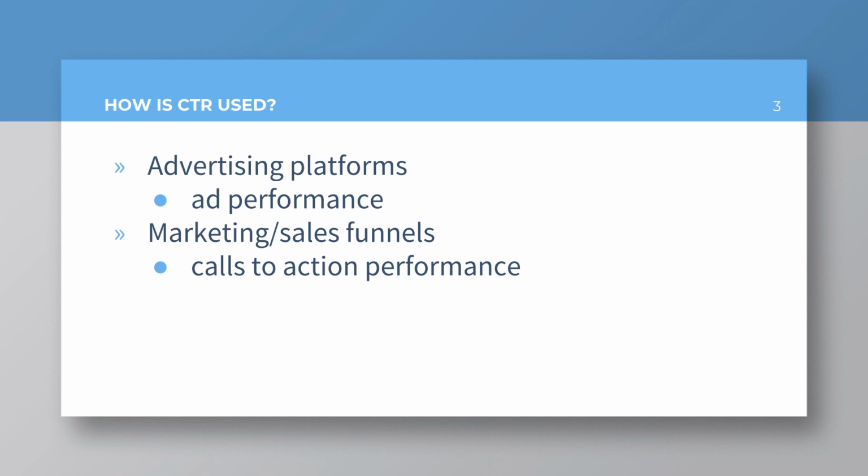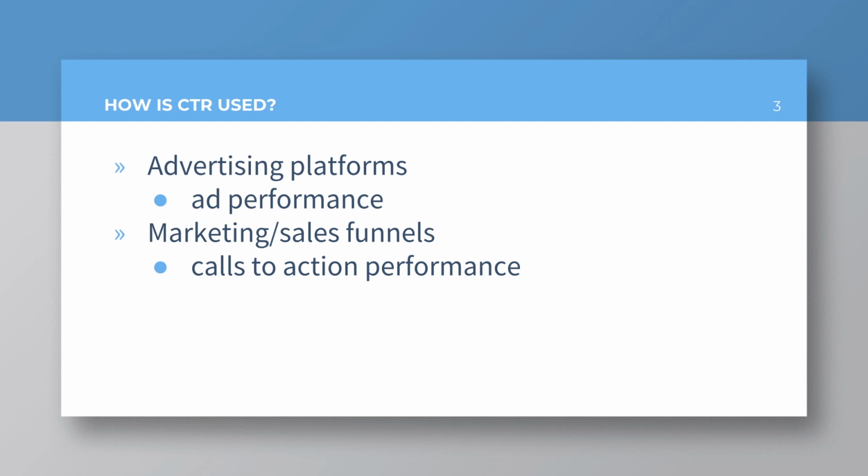CTR is also used in marketing and sales funnels. So it will give you an indication of how your calls to action are performing. For example, in a marketing sales funnel, you could measure the click-through rate from one ad to the landing page, and then have another click-through rate that determines clicking from the landing page to the order page, and then see how many people actually buy and go from the order page to the confirmation page.